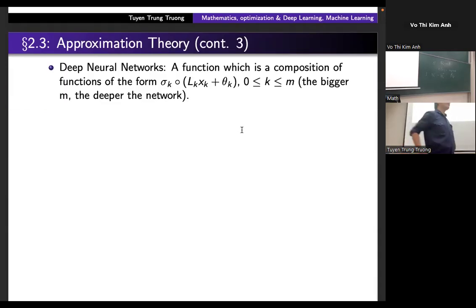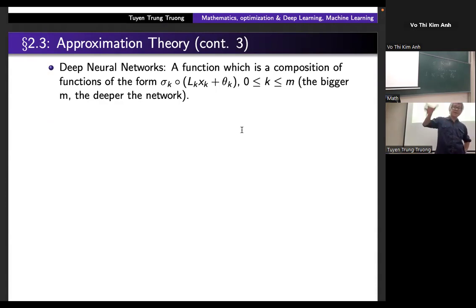Okay, so now we can come to deep neural networks. One way to design them is to put many of such things together, and you can change the dimensions. So you have some layers, and then you apply sigma_k, which is a one-dimensional function that you already know.